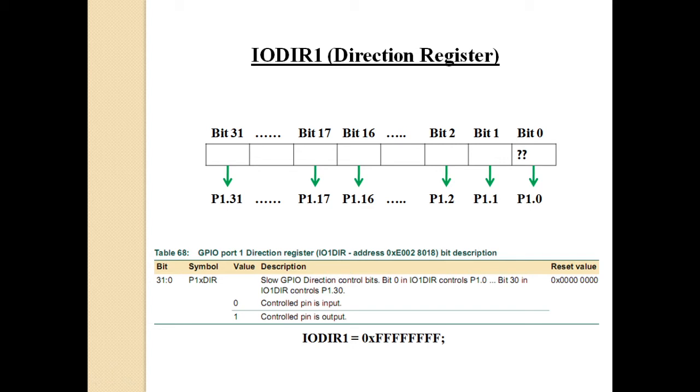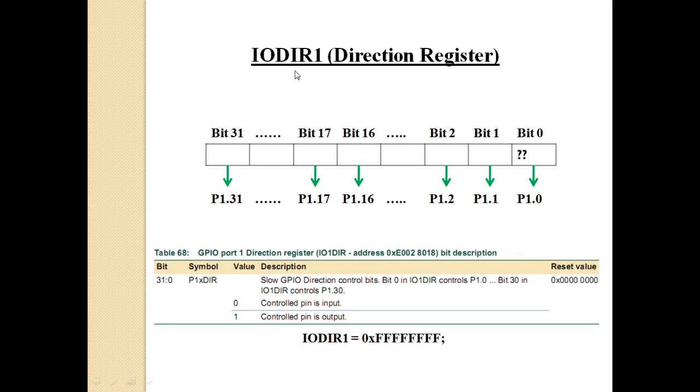Right. Again, as I told before, the IO direction register is also a special function register, so that also will have 32 bits. And each bit of the IO direction register has a one-to-one mapping with the corresponding pins.